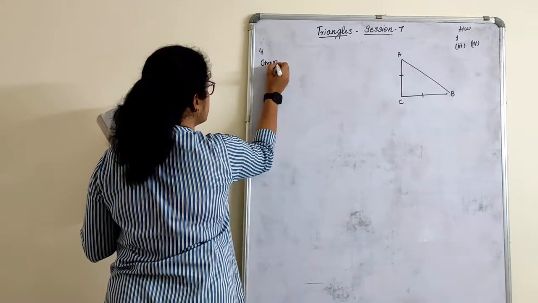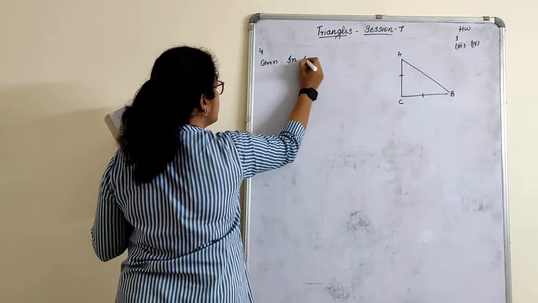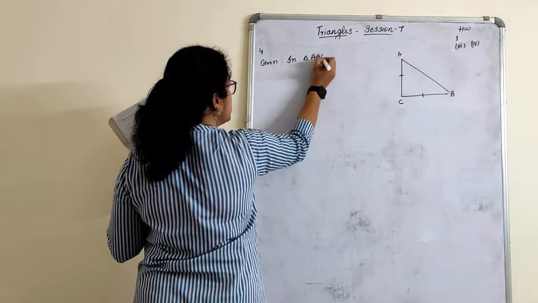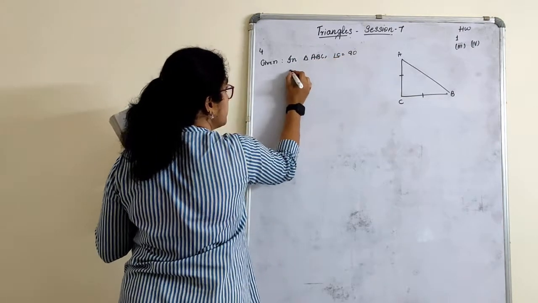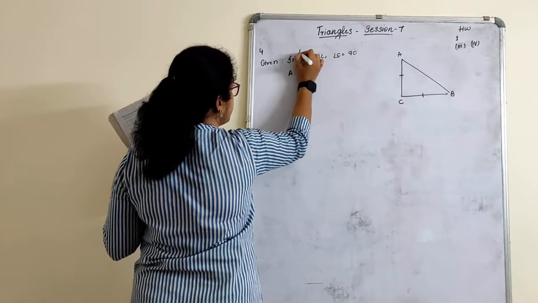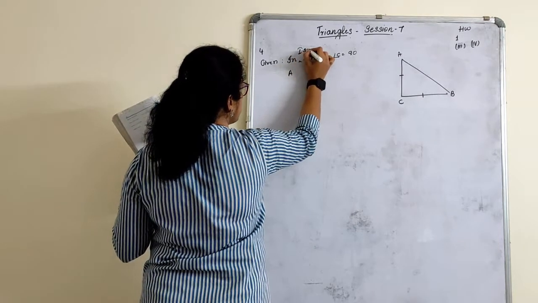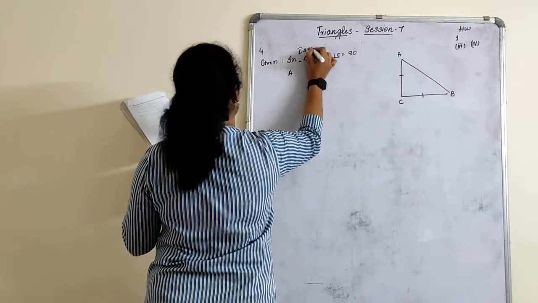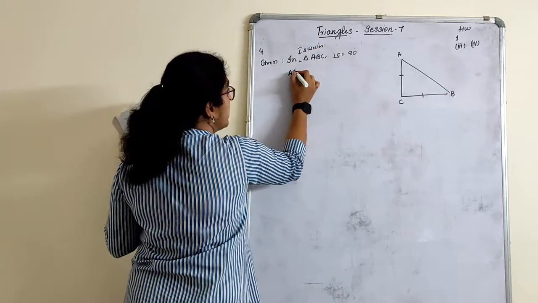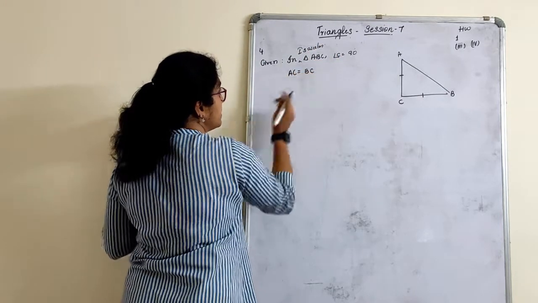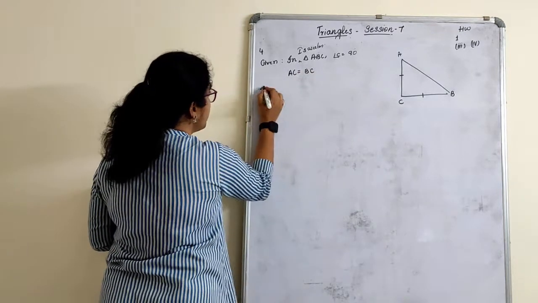Given: in triangle ABC, angle C is equal to 90 degree. In isosceles triangle, AC is equal to BC. Okay. What we have to prove?